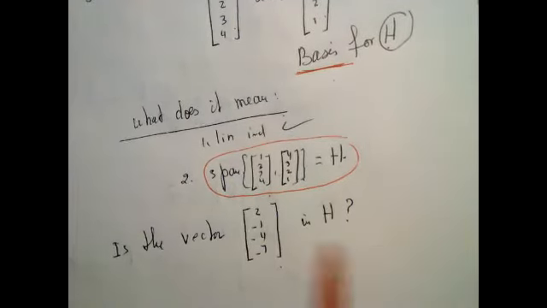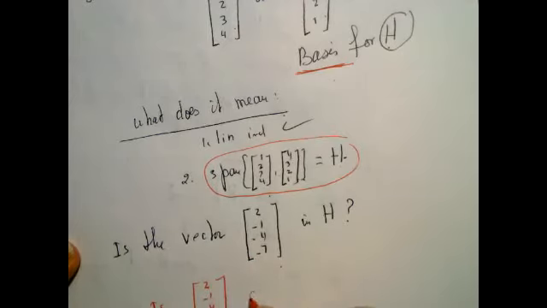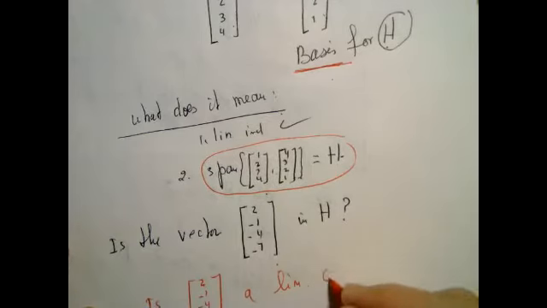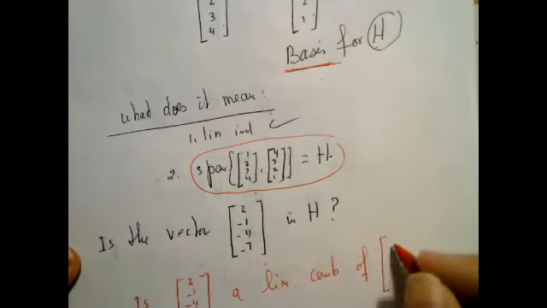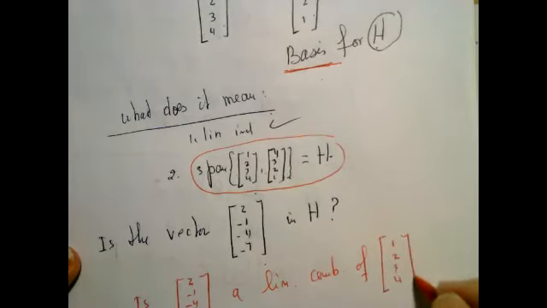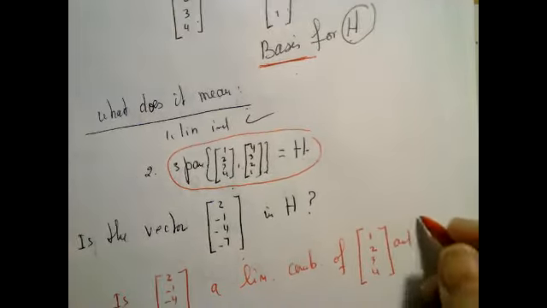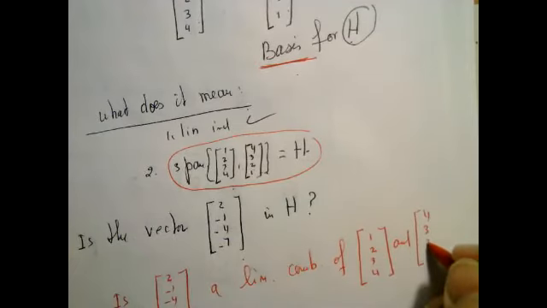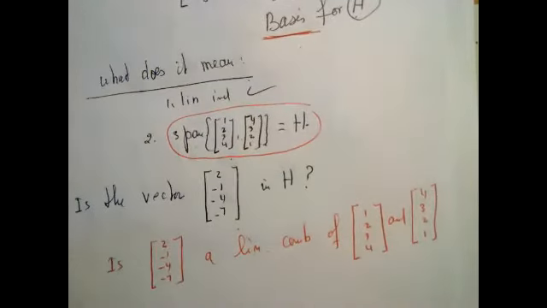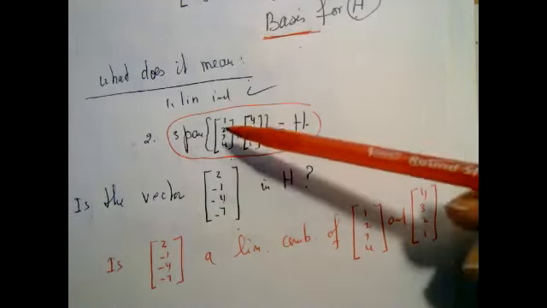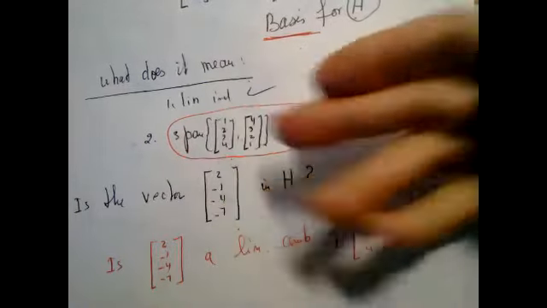It means is this vector a linear combination of the vectors (1, 2, 3, 4) and (4, 3, 2, 1)? That's what it is equivalent to. Because those form a basis, everything in H comes from them.